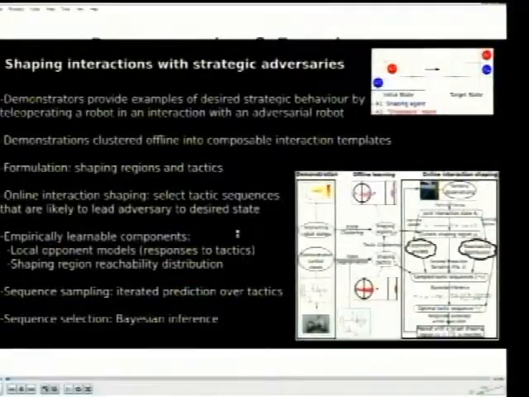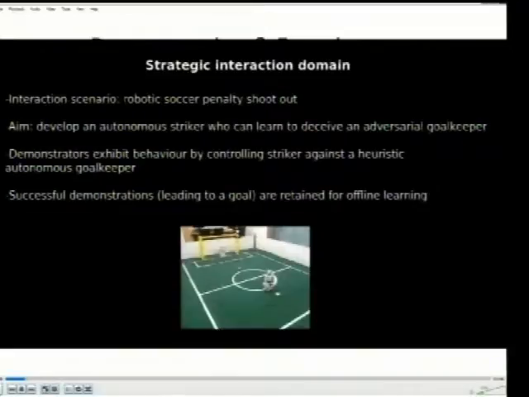And what you see here is the result of this implementation in our lab, in which in a minute, once it gets through all of this, what you're going to see is a penalty shootout between two robots.